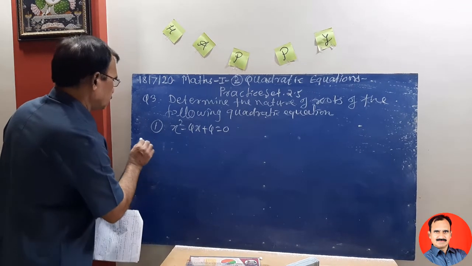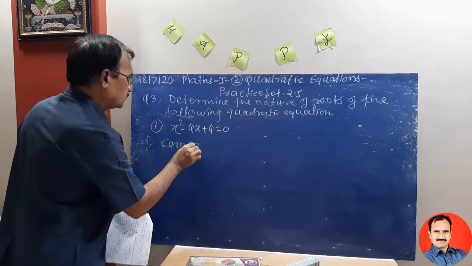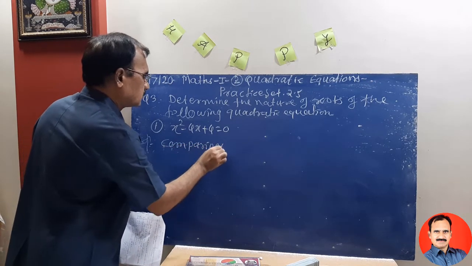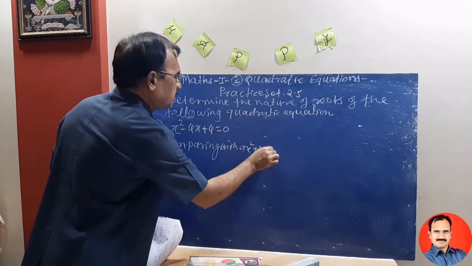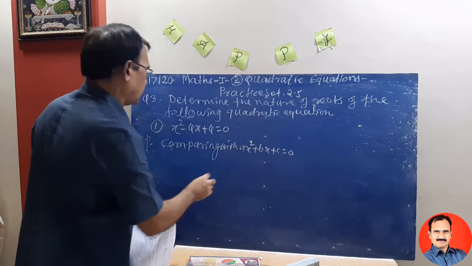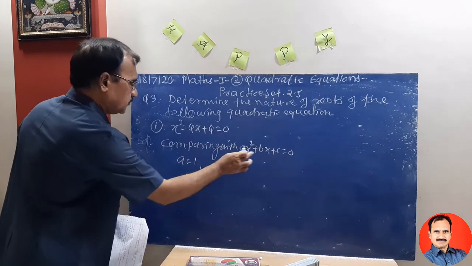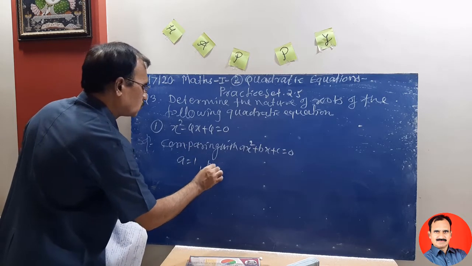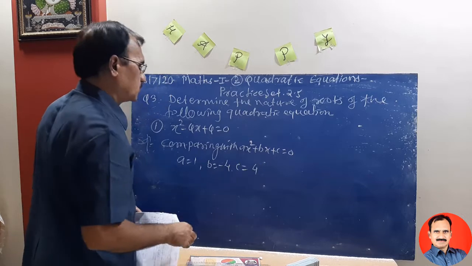Comparing with ax square plus bx plus c is equal to 0, a is equal to 1, b is equal to minus 4, and c is equal to 4.